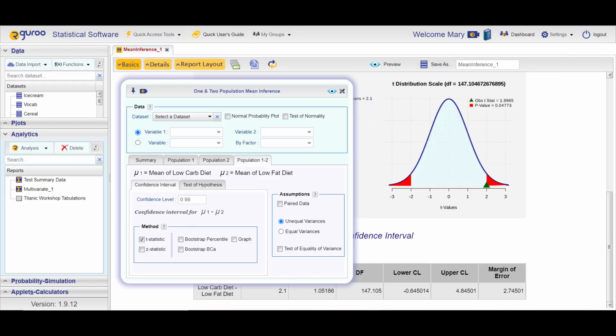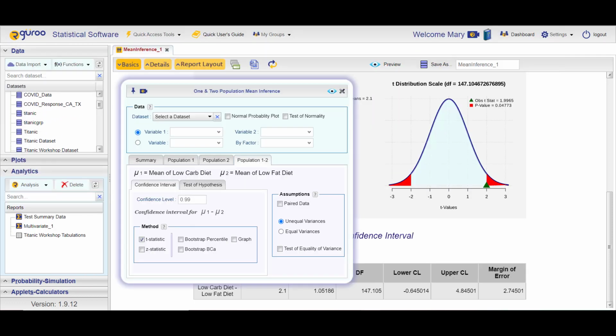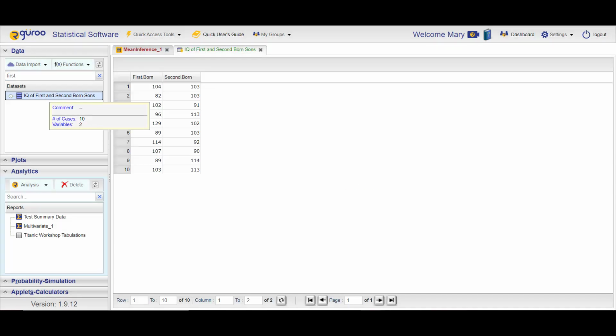So I think I may have it in here already, but let me look. Well, here, I'll look at it this way. Firstborn. So that's IQs of first and secondborn sons. So let me pull that up. So yes, I did enter that already.